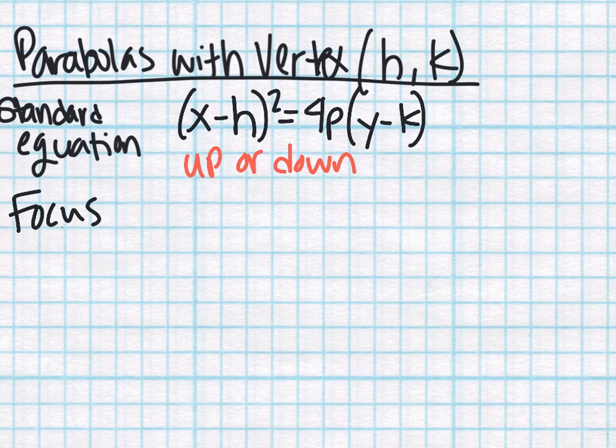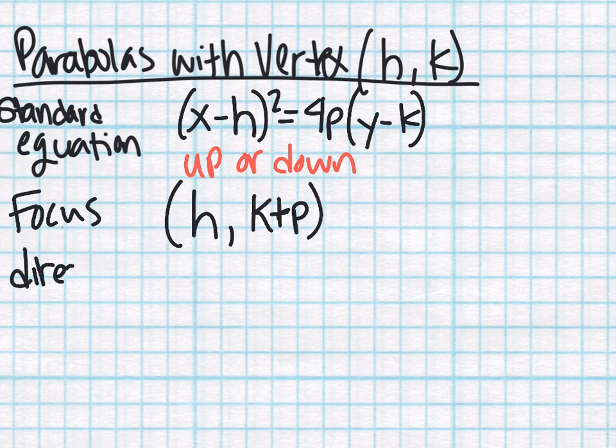So the focus is going to be this point, (h, k plus p). The directrix is the line represented by the equation y equals k minus p.